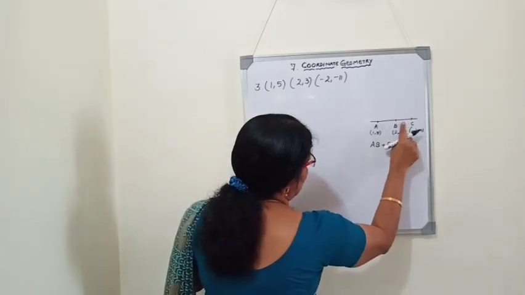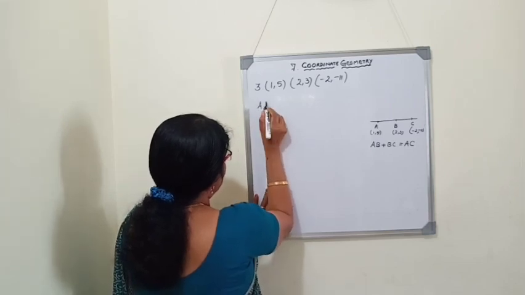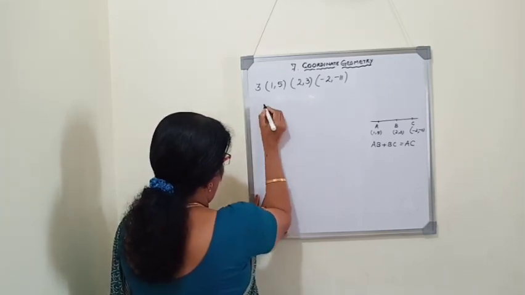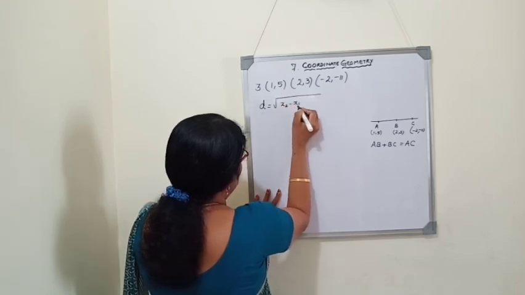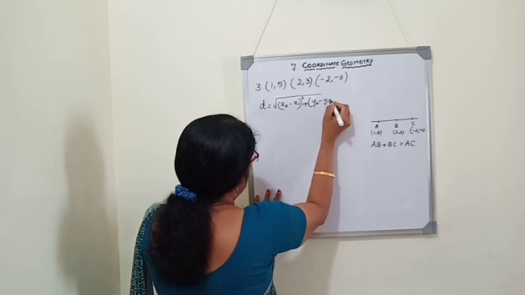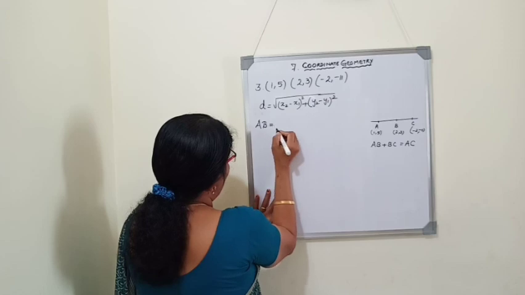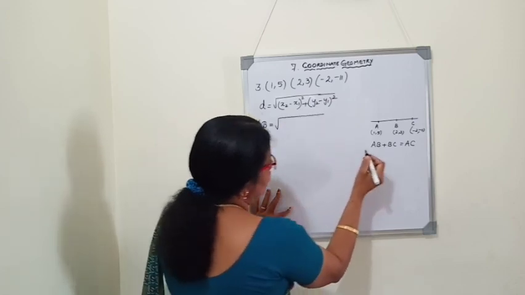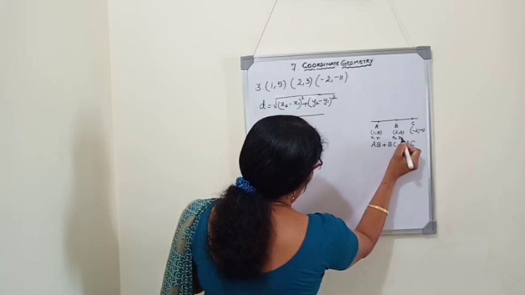This I told you as an example. First we will find the distance AB. We write the formula: D equals square root of (x2 minus x1) the whole square plus (y2 minus y1) the whole square. AB equals square root of, here we consider this as x1, y1 and this as x2, y2.